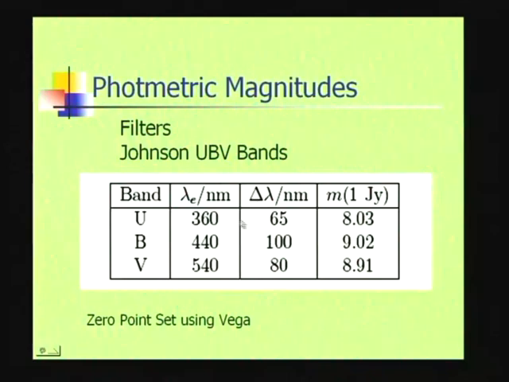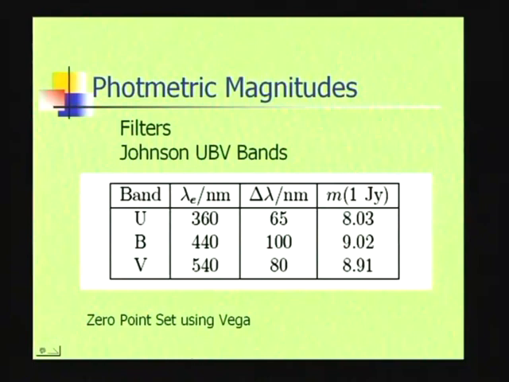Now, the 0 point of the magnitude scale is something that I still have to tell you about. The 0 point of all of these bands, and typically the 0 point for most of these photometric magnitude systems, is set using a star called Vega.